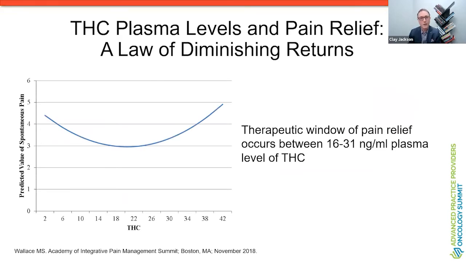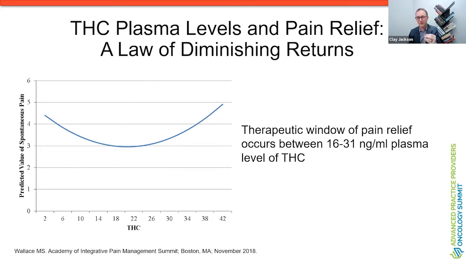Let's look at one of the complicating factors that accompanies cannabinoid pharmacology, and that is that there's a biphasic dose-response relationship with respect to THC products. And that means in the serum that if you don't have much in your bloodstream, basically you don't get an effect. And then the symptoms go down in a parabolic fashion. But if you overdose, they start to go back up. So this dosing is quite complicated because more is not always more.